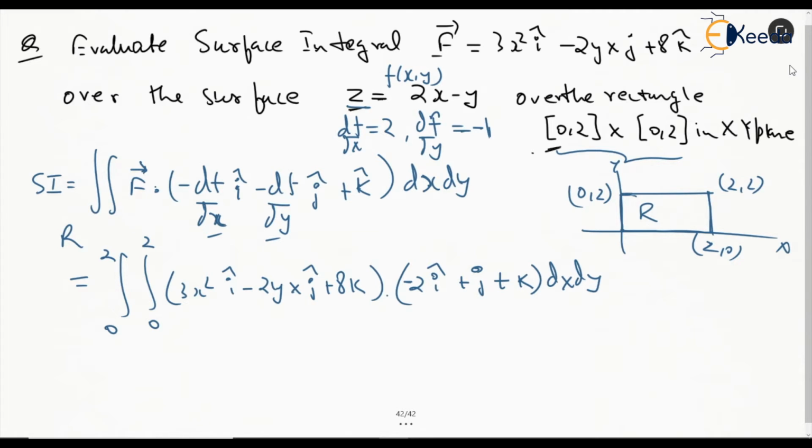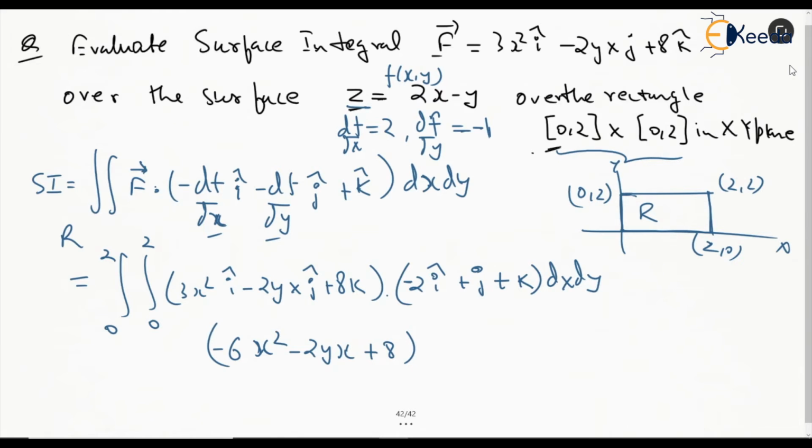We'll have to do the dot product now, and this dot product will give 2 into 3x², which is 6x². Then the j dot product will be minus of 2yx, and the dot product of the k component will be simply 8.